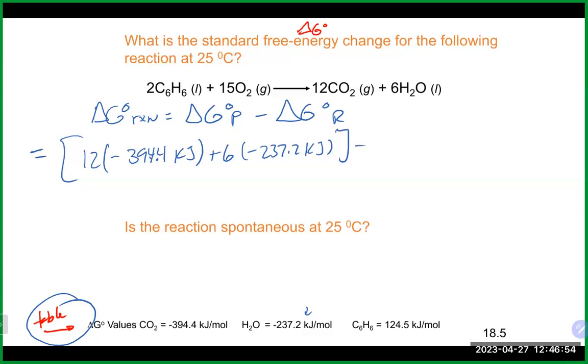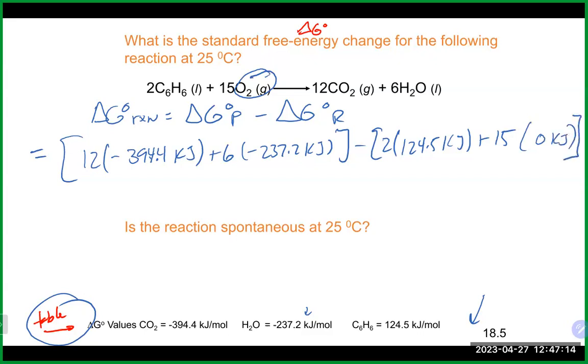We're then going to do our reactants there. So that's going to be 2 times our benzene there of 124.5 kilojoules, and we're going to add it to 15 times the value of O2, which is not listed. It is not listed because for delta G values of these, it is 0. Remember, anything in a standard state will be 0 there.